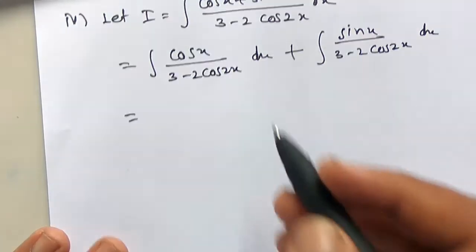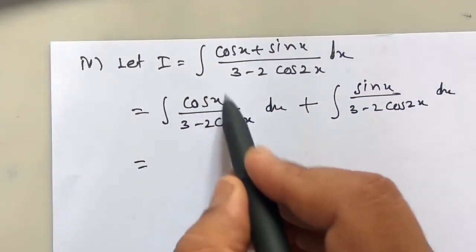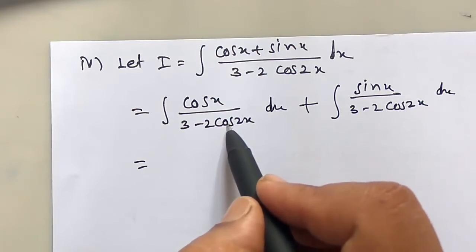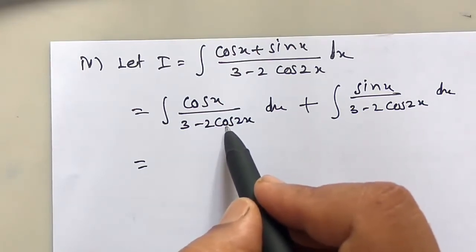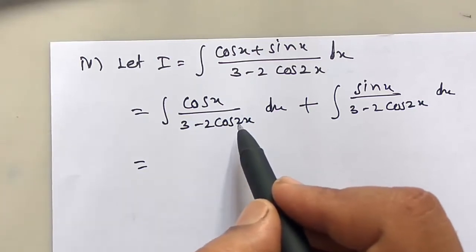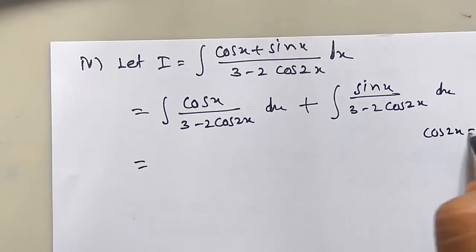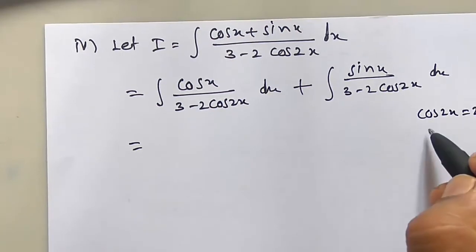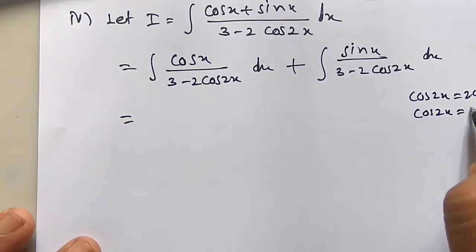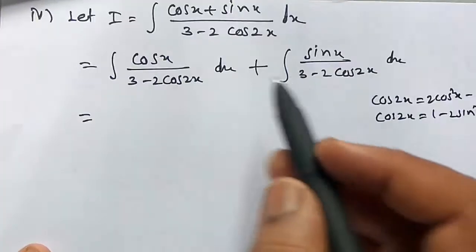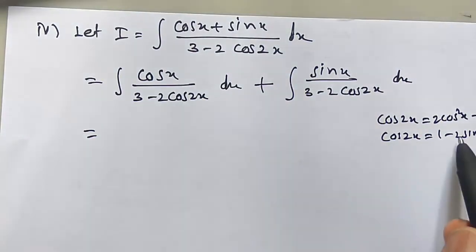So this is equal to, now in the numerator it is cos x. Now we can change this, that is replace cos of 2x in terms of half angle formulae. Cos of 2x is equal to 2 cos square x minus 1, or cos of 2x is equal to 1 minus 2 sin square x, using these formulas. Here we replace cos of 2x in terms of sin square x.